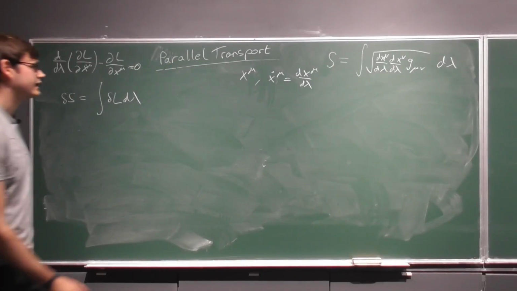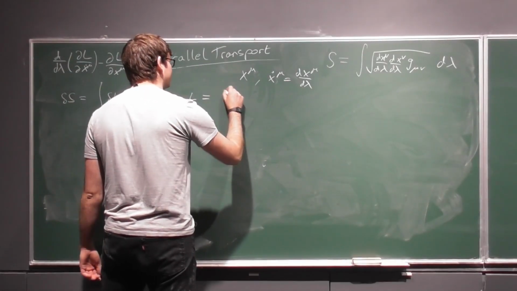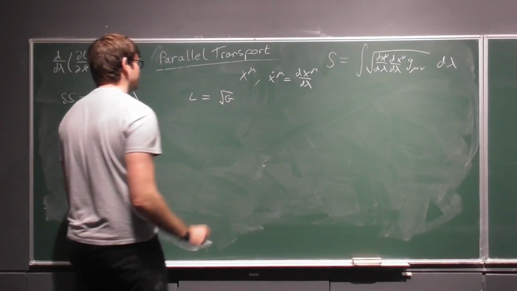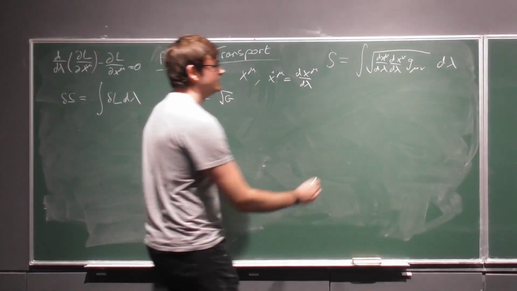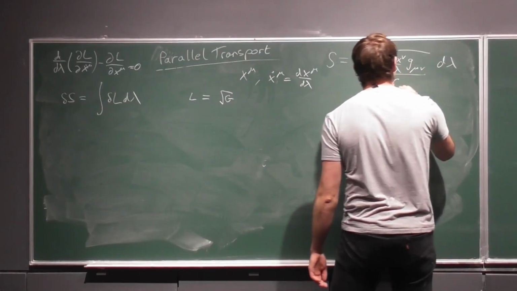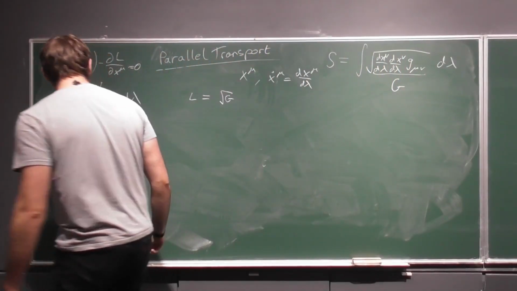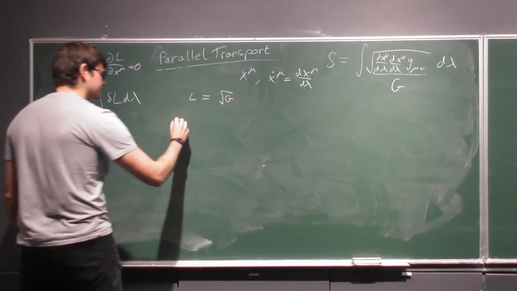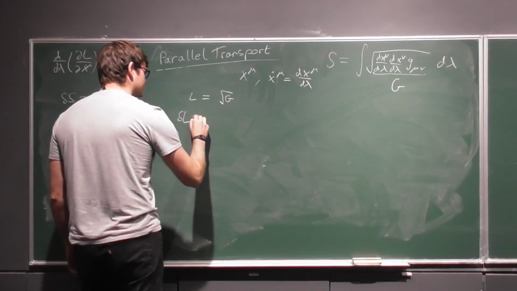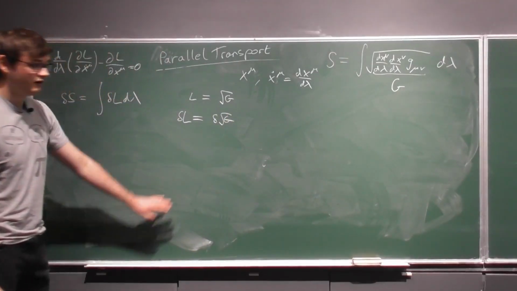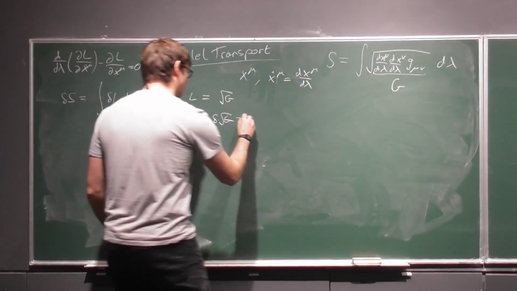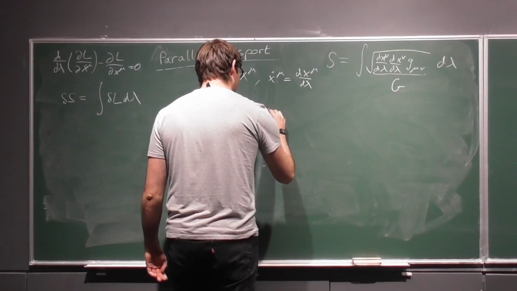I can write my Lagrangian as the square root of g, where g is just what's inside here. When I take a variation of this, it's the same as the variation of g, but this variation is just like a derivative.